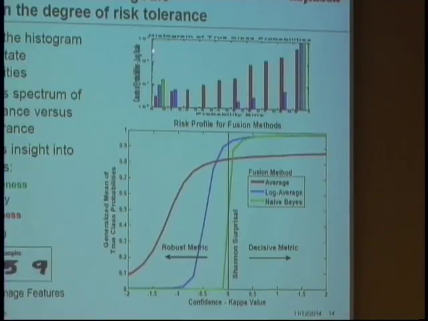The way that translates to my risk profile is that on the decisive side of the metric, I still do very well. For instance, for the arithmetic mean, my probabilities actually look quite good. And in some sense, this is where people get into trouble, because they've measured the classification performance, and it's quite good.